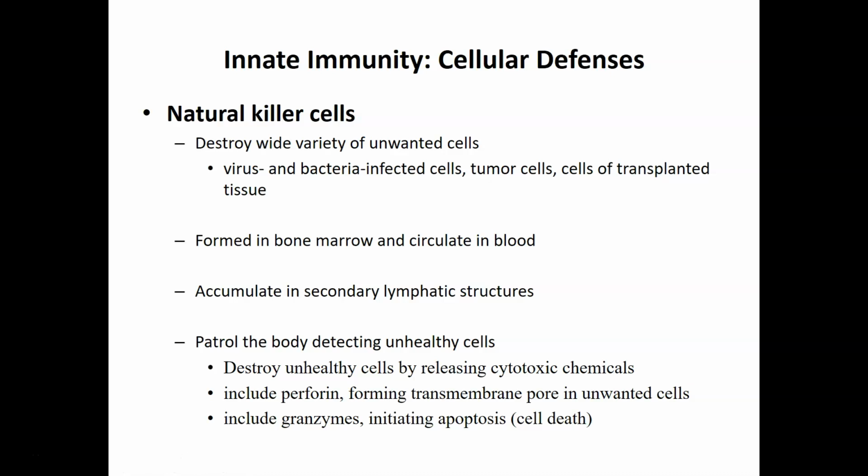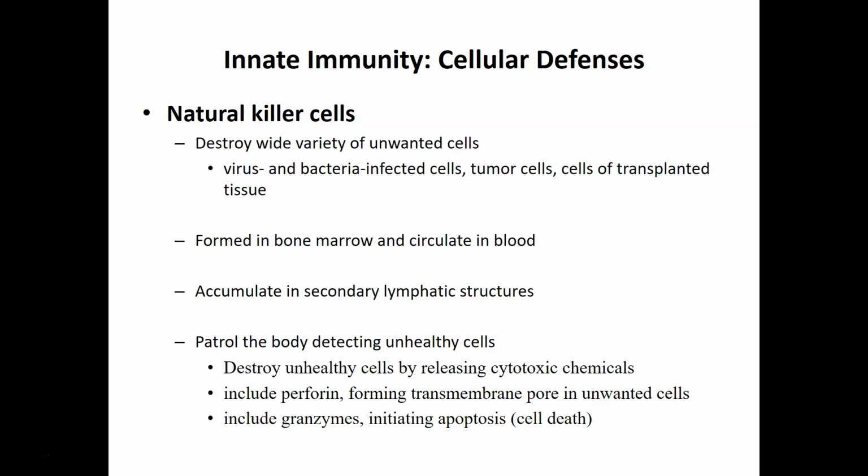Okay, another type of non-specific cell are the natural killer cells. You could probably guess what these cells do, but what they specifically are targeted against are abnormal body cells. And two really good examples of that are cells that are virus or bacteria infected, mostly virus infected cells. Viruses require entry into a cell in order to reproduce. So when they enter a cell, they can sort of hide from the immune system, except for the fact that they cause cells that they're inhabiting to make chemical proteins that they put on their surface.